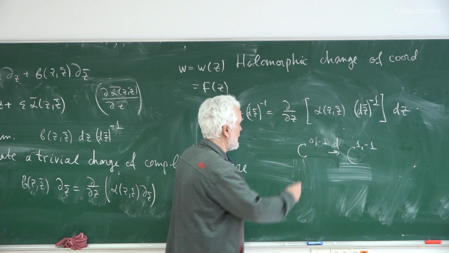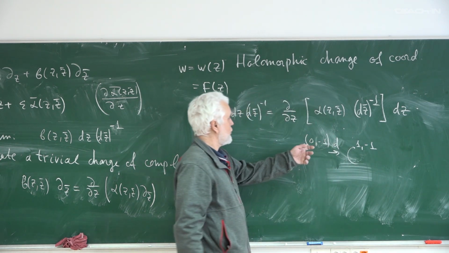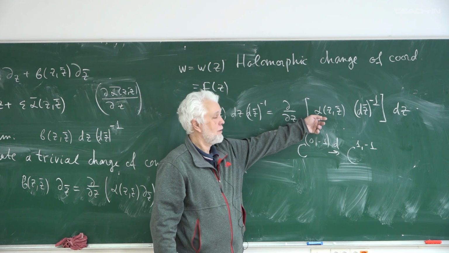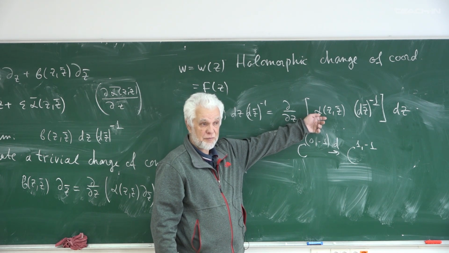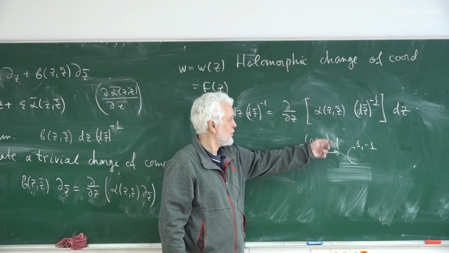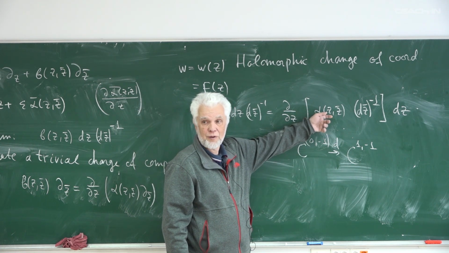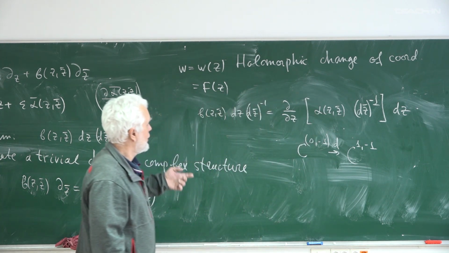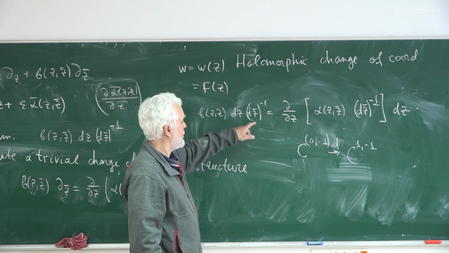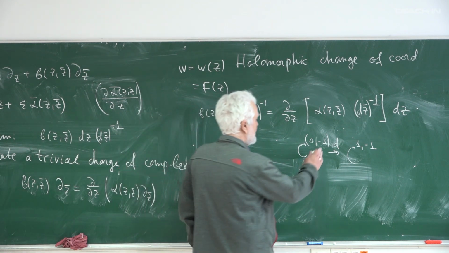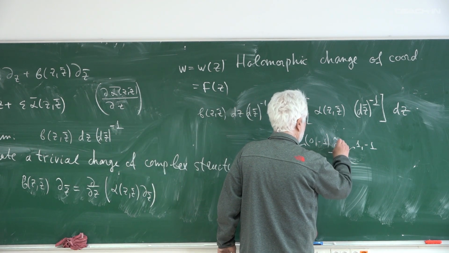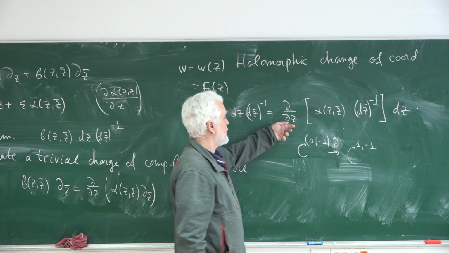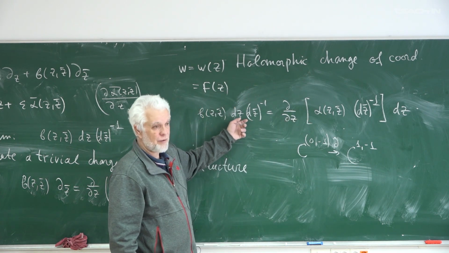What does it mean? C0 minus 1 means the tensors of such type, non-holomorphic. You see what I wrote. They have the following form, but the coefficients are non-holomorphic. This operation D maps such a tensor to Beltrami differentials.